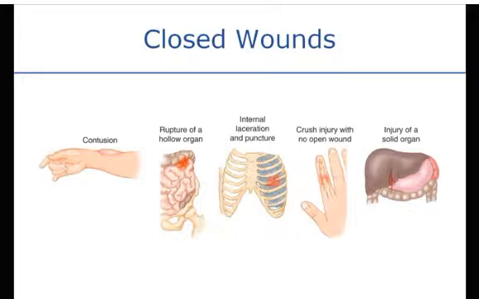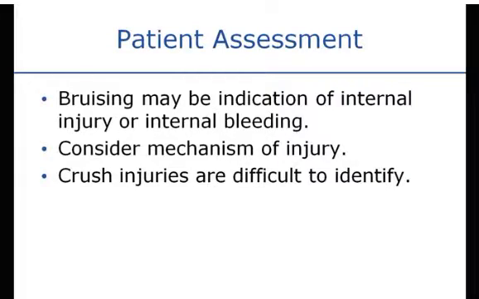And of course, the larger the closed wound and what organ lies beneath there determines the severity of a closed wound. Bruising may be an indication of internal injury or internal bleeding, particularly if you see bruising of the abdomen.